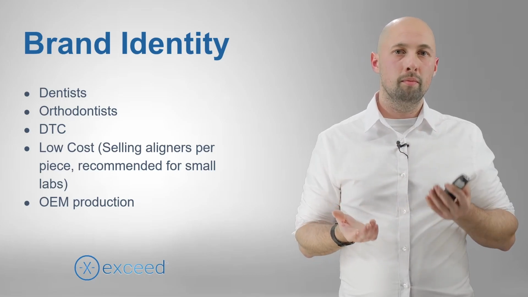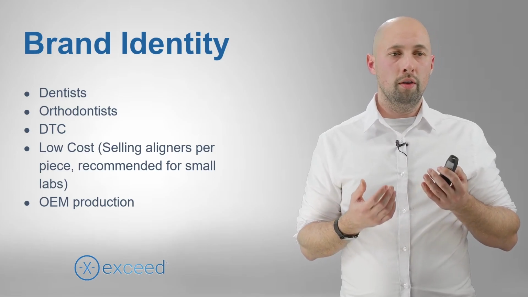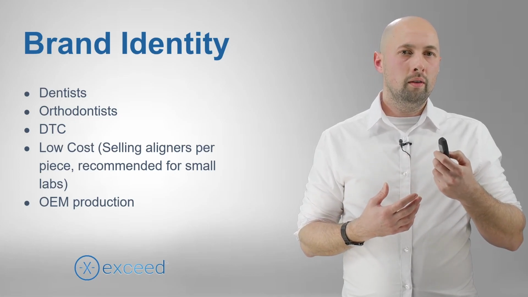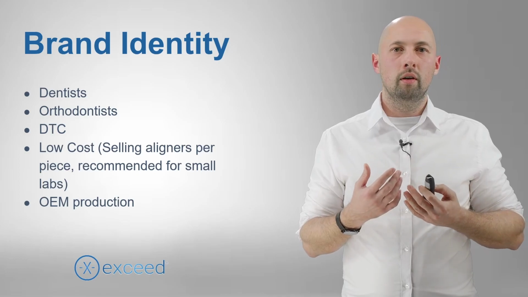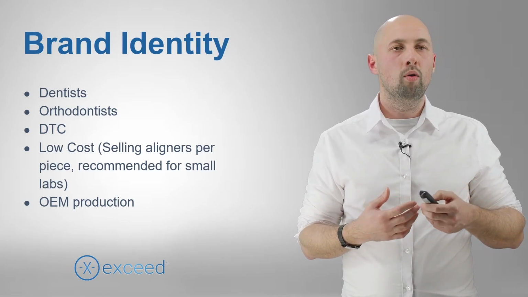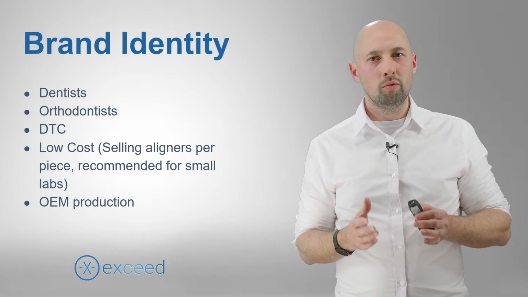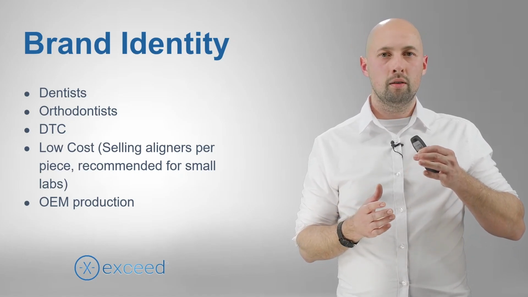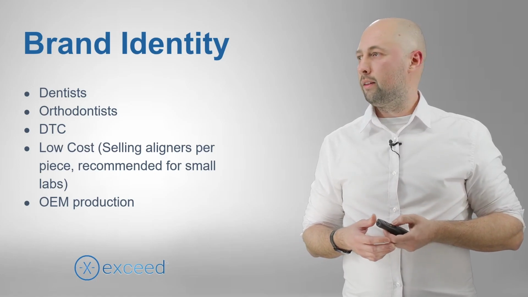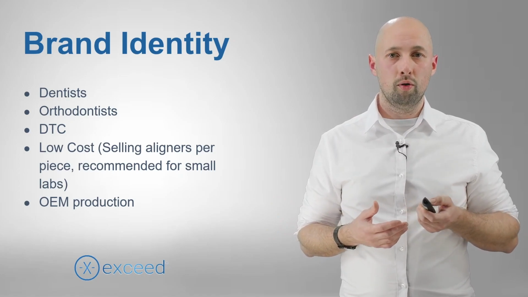But of course, there are some pros and cons. For example, when you order the aligner per piece, you don't have the refinement included, which in turn can also be a pro, because you don't have to pay for the refinement every time. You pay only when you need the refinement. So as you can see, the message for such a business model also differs from the ones for companies that sell aligners per case. And OEM production is also quite a different approach.